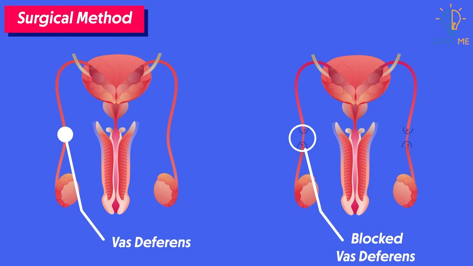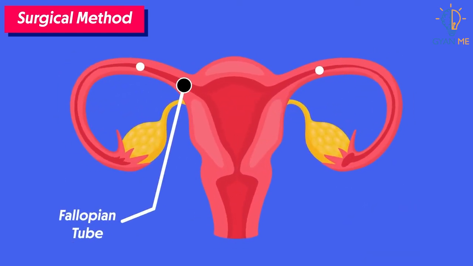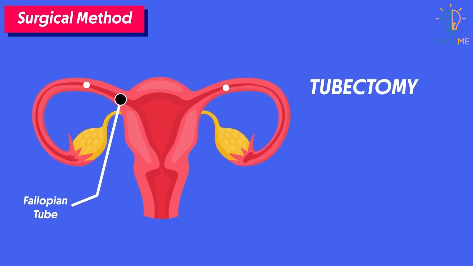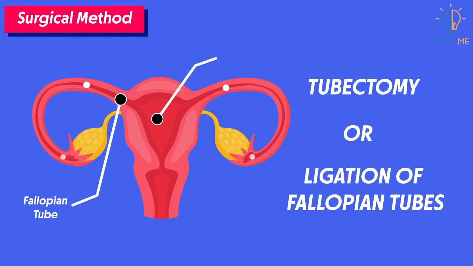This procedure in males is called vasectomy or ligation of vas deferens. If the fallopian tube in a female is blocked, it is called tubectomy or ligation of fallopian tubes. In this case, the egg will not be able to reach the uterus and again there will be no fertilization or implantation.